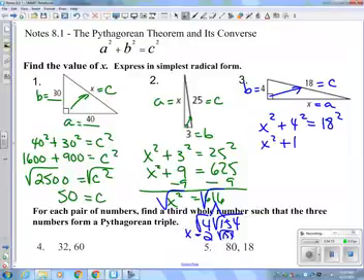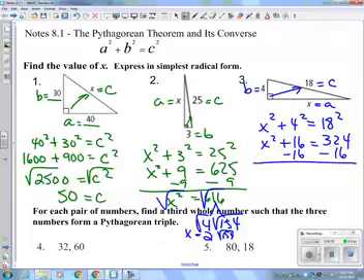X squared plus 16 equals, let's see what 18 squared is. It's 324. So again, I can't do x squared plus 16 because I don't have both numbers. So I'm going to take 16 away from both sides. And 324 minus 16 is 308.